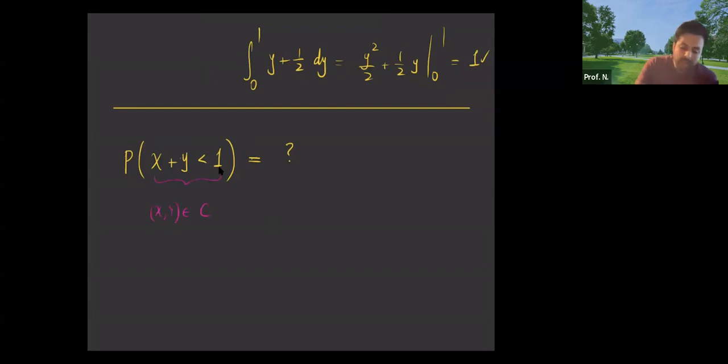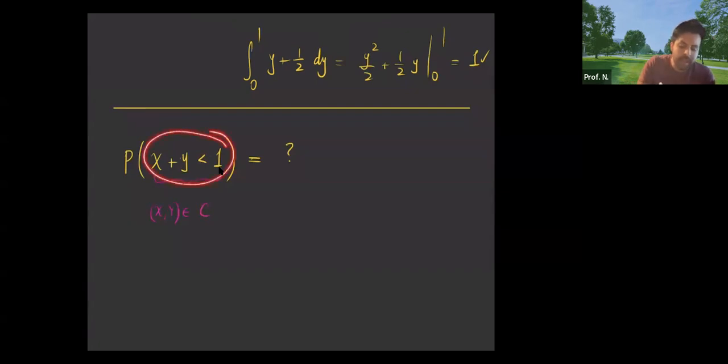So x and y here is considered a pair. I'm considering what x and y values, when you plug in here, are going to give me something less than 1. And this C is the set of such numbers, or the condition, you can think of it. What's the condition to be in the set that we're speaking of?